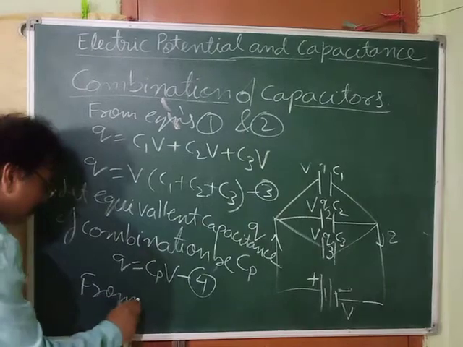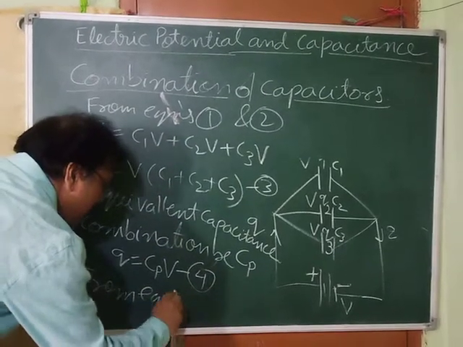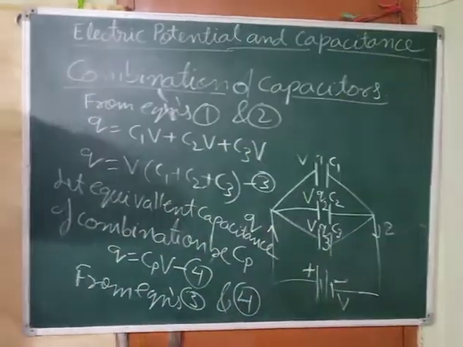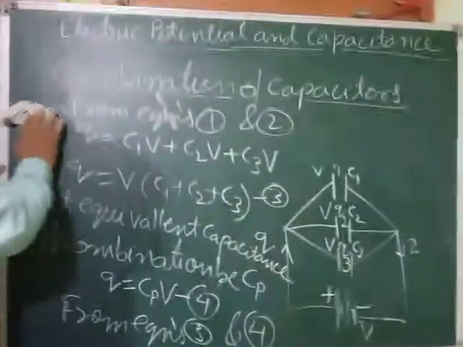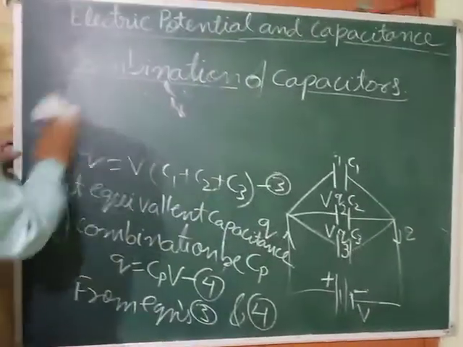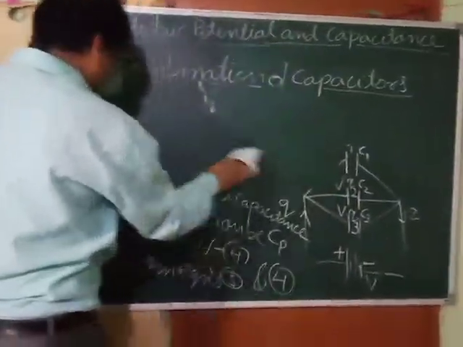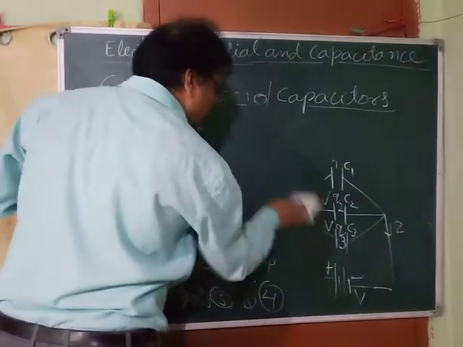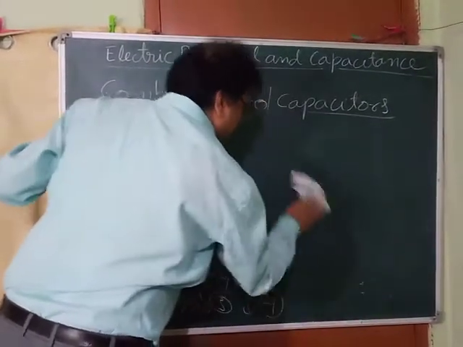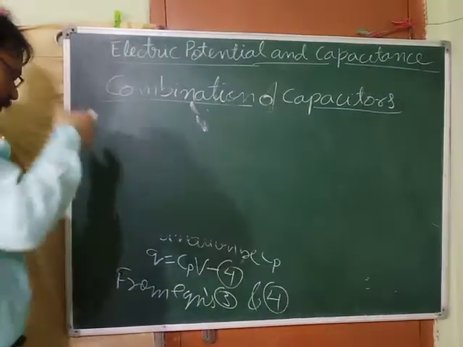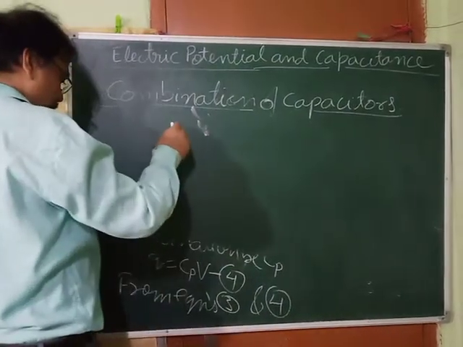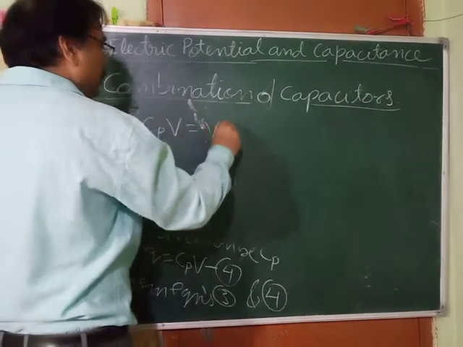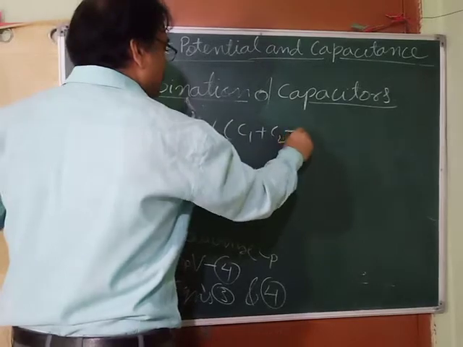From equations 3 and 4, we get Cp into V equals V into C1 plus C2 plus C3.